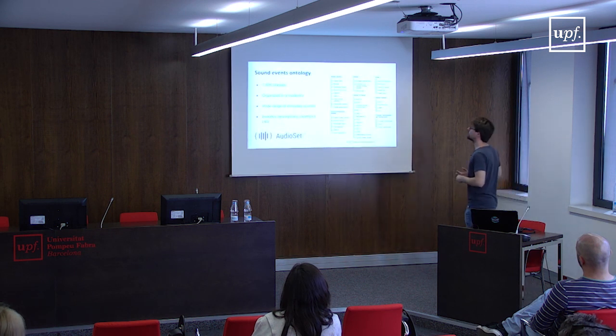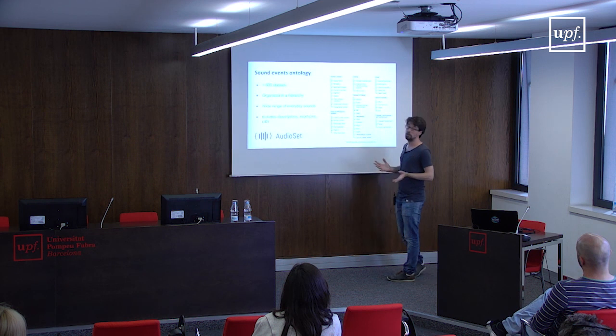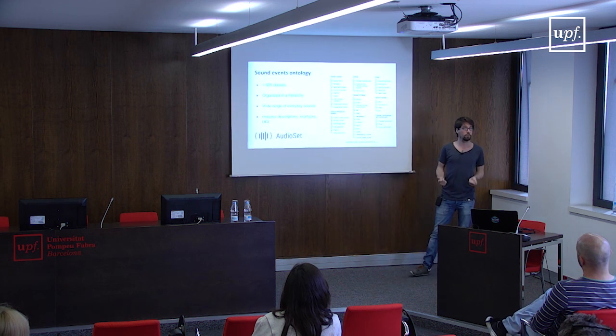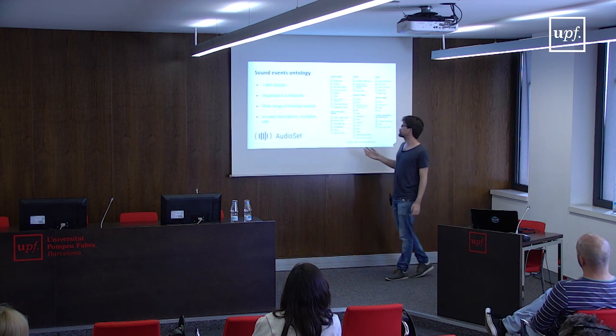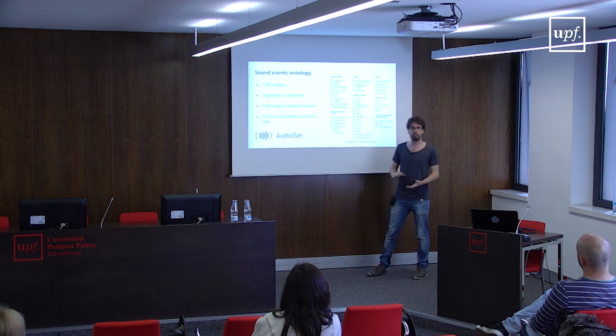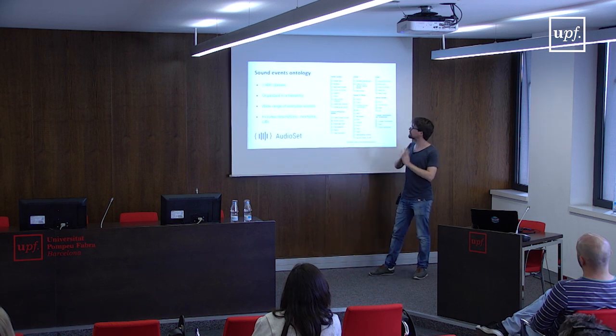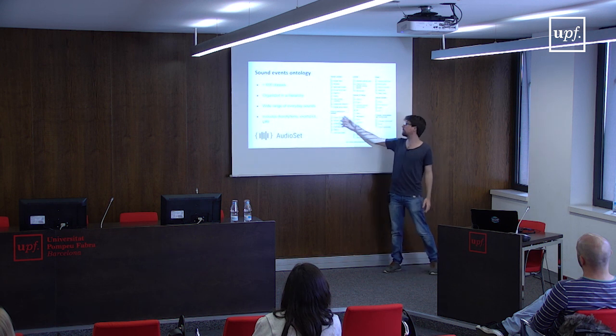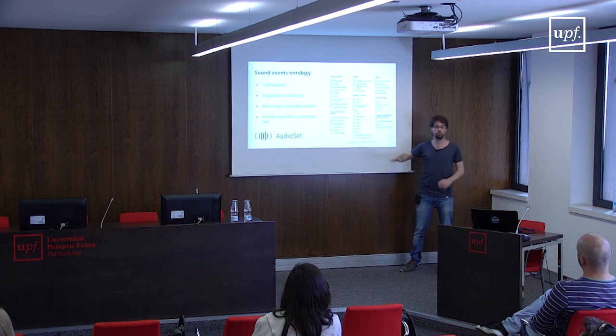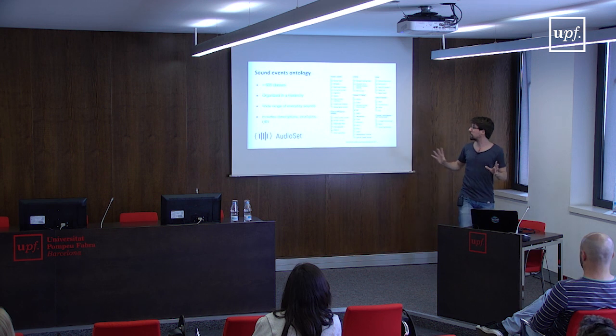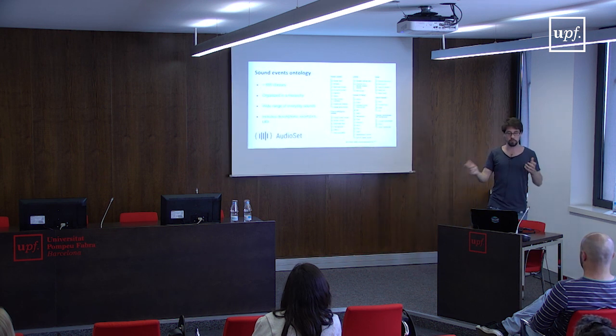Another requirement for building our first dataset is a set of concepts, a set of labels. So we decided to choose the AudioSet Ontology that was released last year. It contains a lot of classes that are organized in a hierarchy. Here you can just see the first 2 layers. It already gives an idea of how wide the categories are.